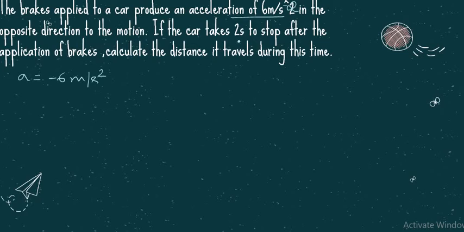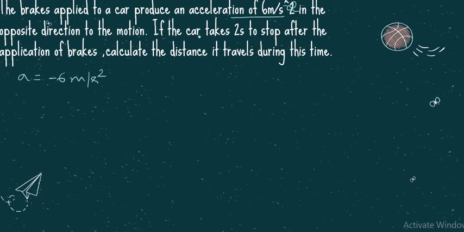If the car takes 2 seconds to stop after the application of brakes, calculate the distance it travels during this time. The brakes applied to a car produce an acceleration of 6 meter per second square in the opposite direction to the motion, so I have taken it with a negative sign.